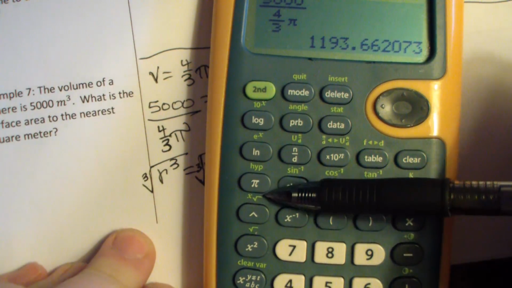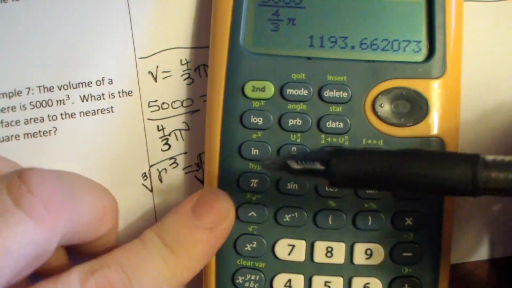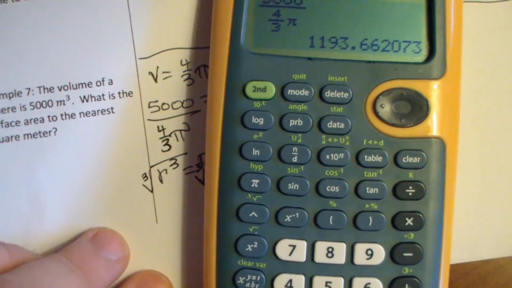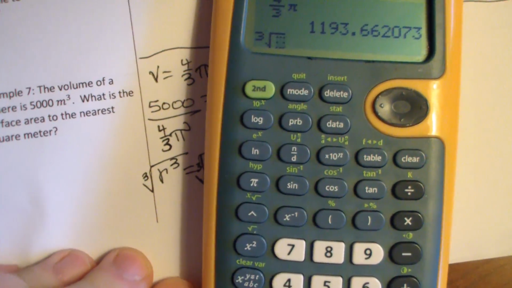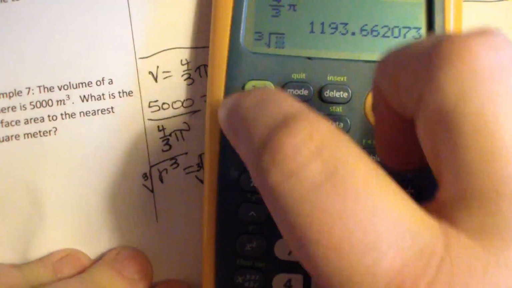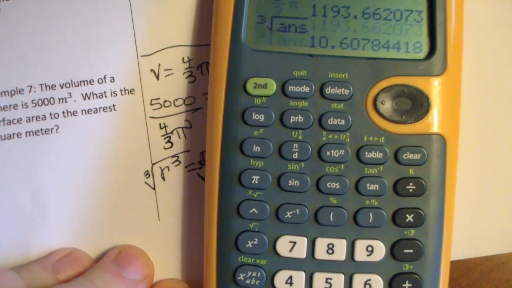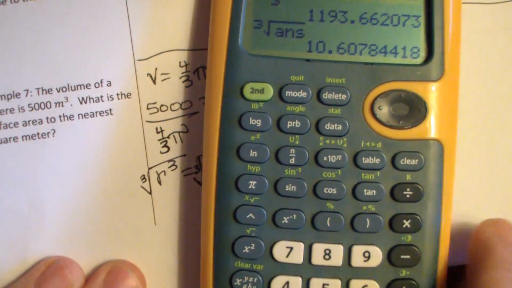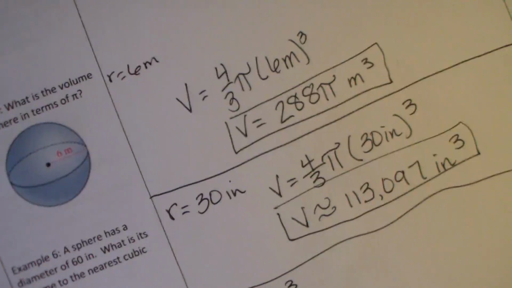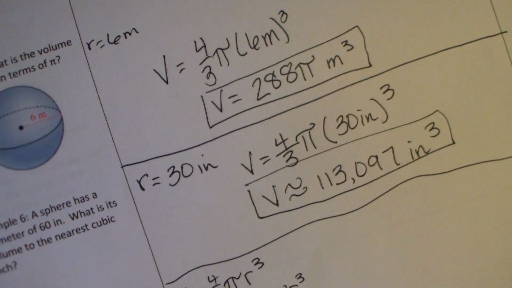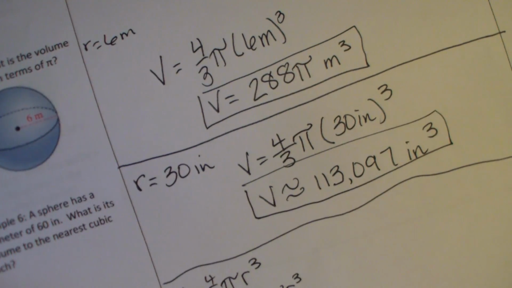Whatever number we want for x, we put that first. So we want the 3, and then second that button. So we get the cube root of our answer. So 10.6 approximately is our radius. So r is approximately 10.6.